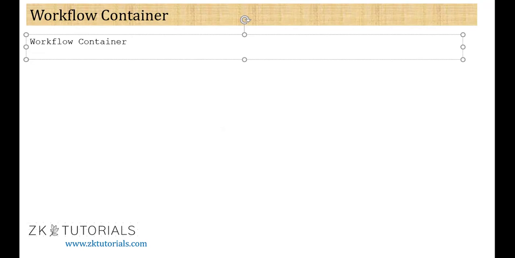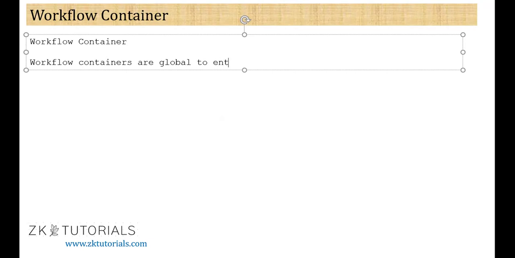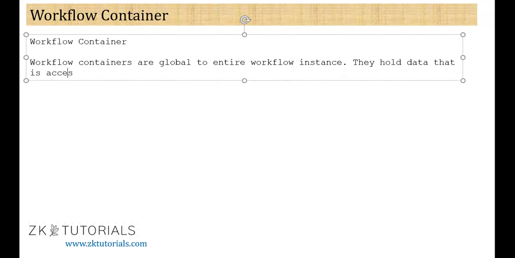So workflow containers are global to the entire workflow instance, correct? They hold data that is accessible across all tasks and steps until the end of the life cycle of the workflow. I hope this is clear, guys.